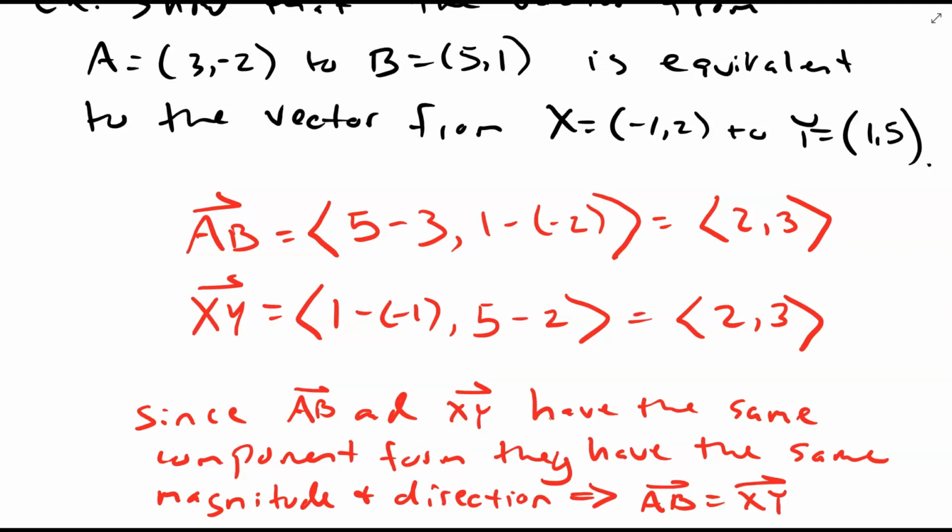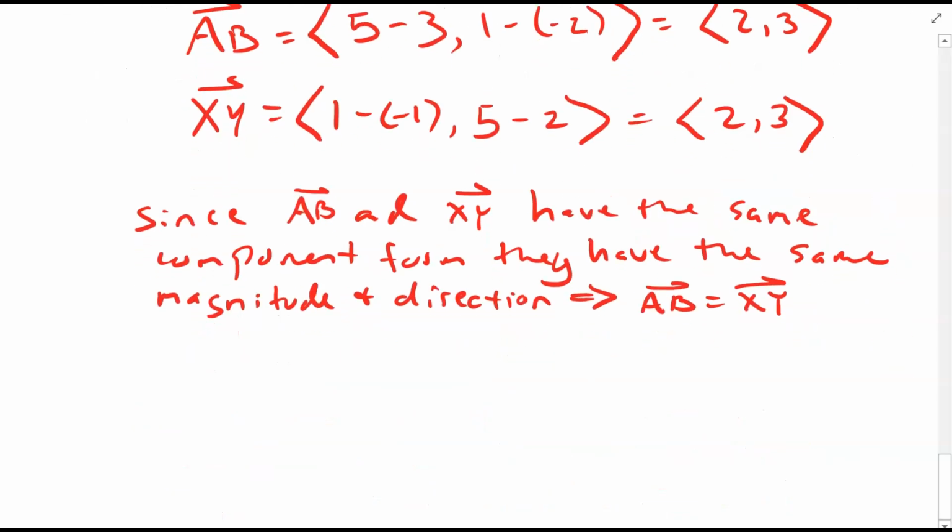So rather than finding the magnitude and direction of each of these two vectors independently, which we could do, but we haven't talked about how to do that yet, it would actually be a lot more work in this situation. We can work around having to do that by just showing that they have the same component forms.